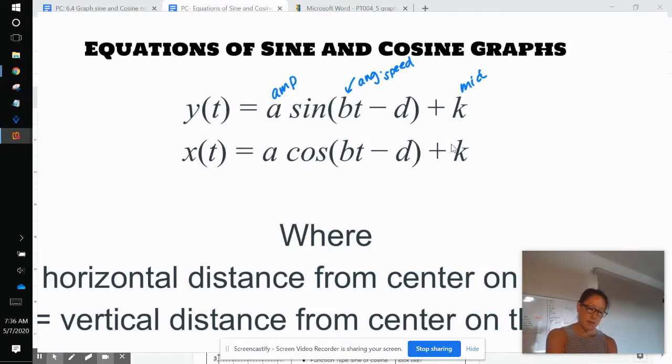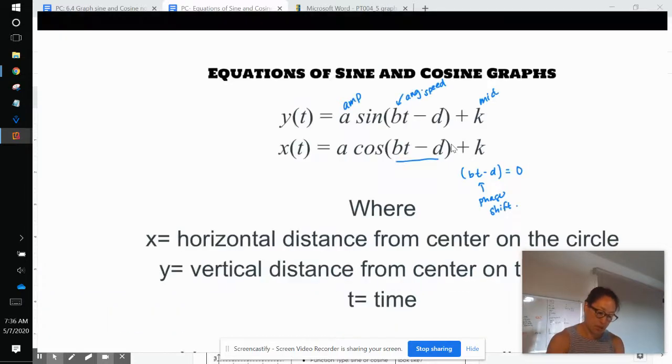And the D value is the zero of the input, so when B times (T minus D) is equal to 0, and we solve for T, that's going to give us our phase displacement. Phase shift or phase displacement, same thing.